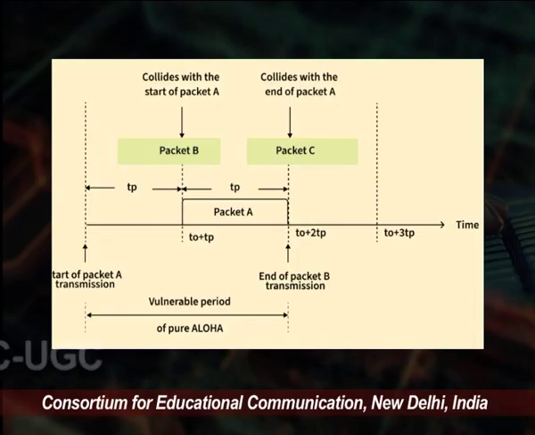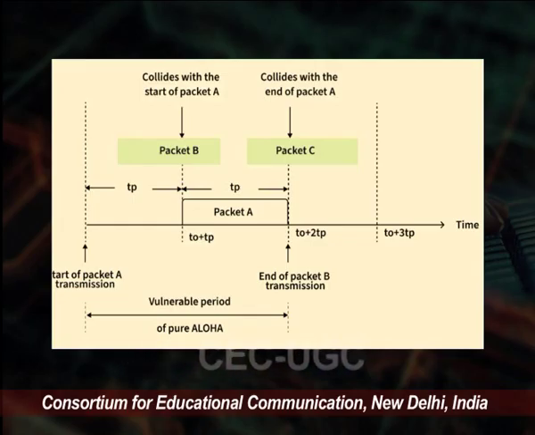The horizontal line represents time, and here we have 3 packets: packet A, packet B, and packet C. Let us say packet A is in transmission, starting from T0 plus Tp and going till T0 plus 2Tp. The start of packet A transmission happens at Tp.